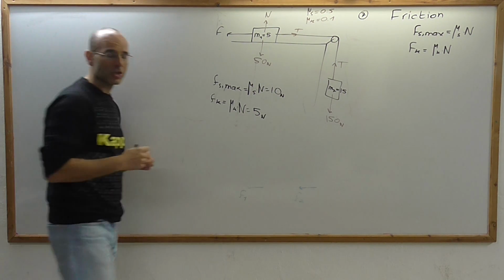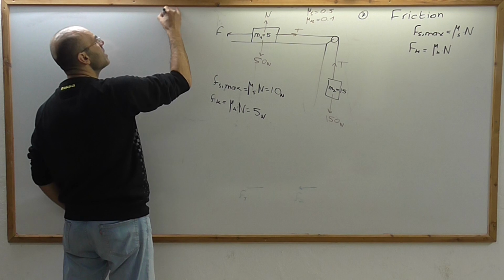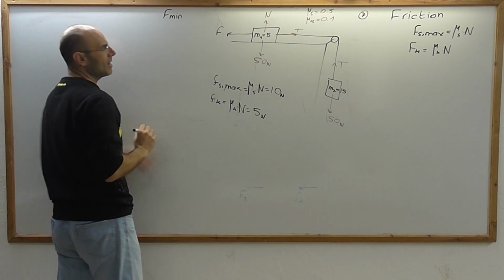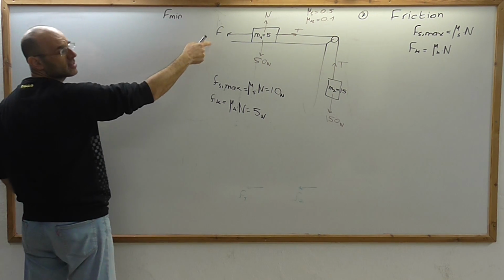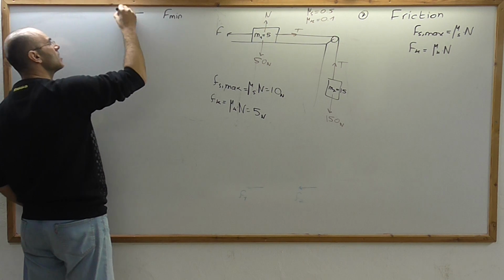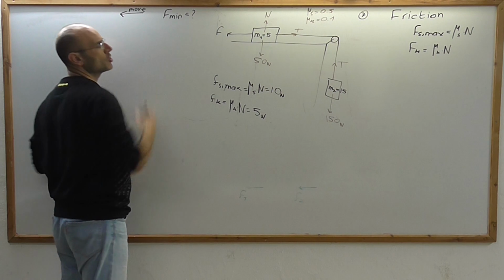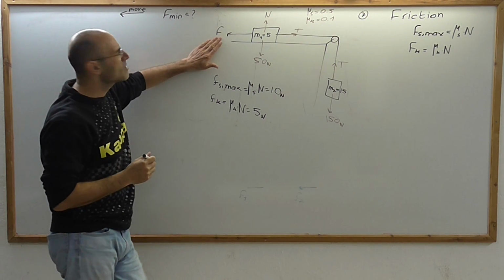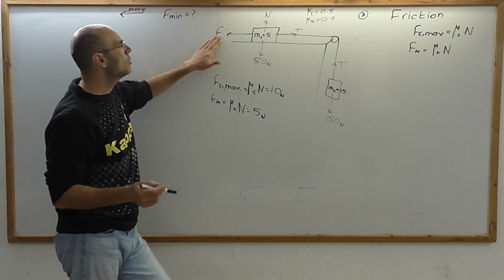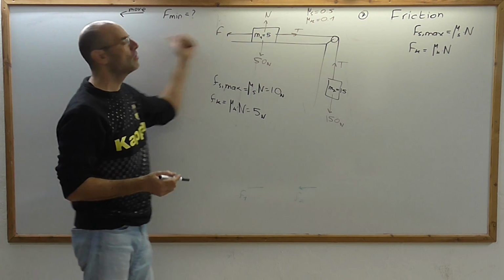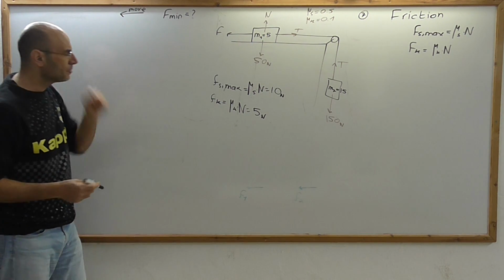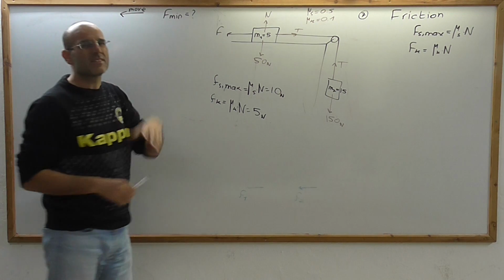Now let's ask questions. I want to know the minimum F that I need in order for this system to move that way. This is the first question. What is the minimum force I need in order for this system to move that way?